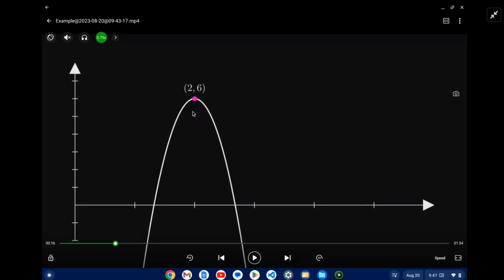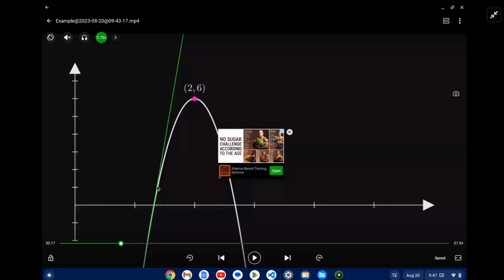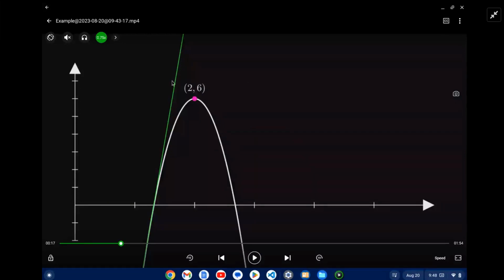Okay, now what I'm going to do is draw a tangent line to the parabola. Now, you may have heard this before or not, it's fine. But the first derivative of the function is equal to the gradient of this tangent line.